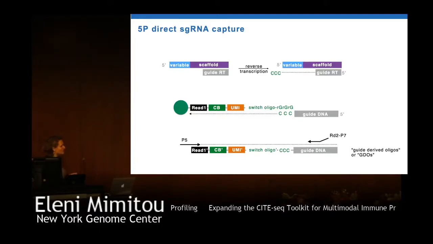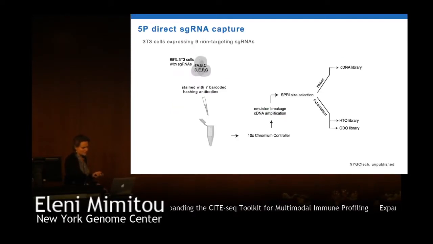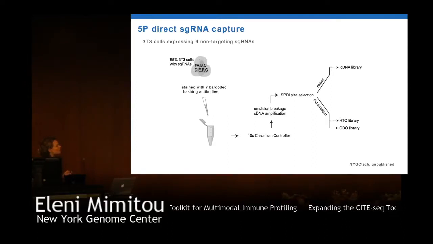To see how this performs, we did a proof of principle experiment with a small number, 9 non-targeting guide RNAs, that were transfected in 3T3 mouse cells. These cells were stained with 7 barcode hashing antibodies and then went through the 10x 5' protocol.